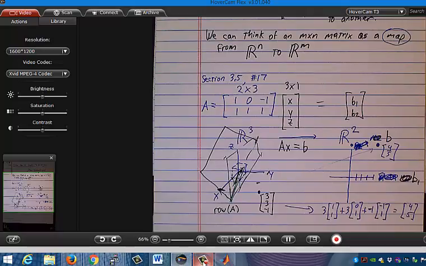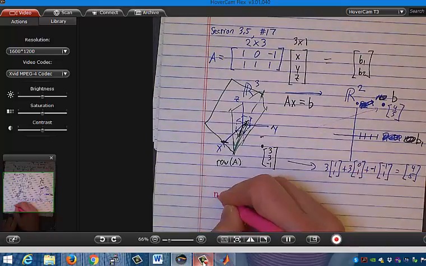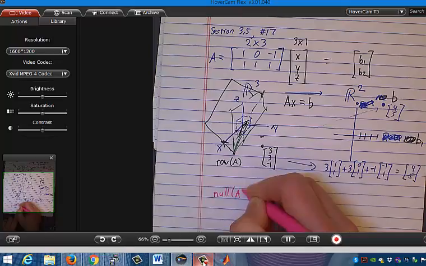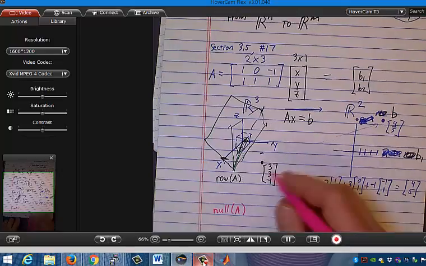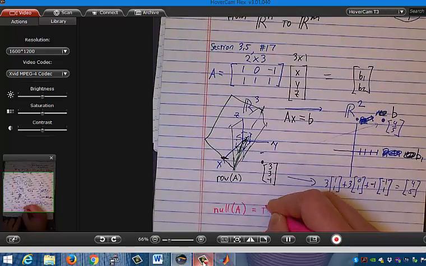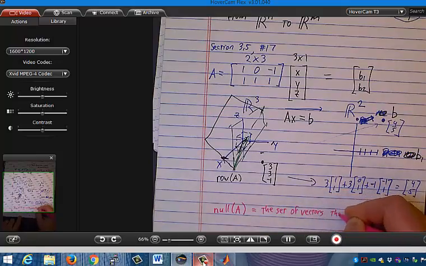Now, by the way, we can go back to one of the questions we were asking earlier. What is the null space of A? Now you can think of it as the set of vectors that get mapped to 0.